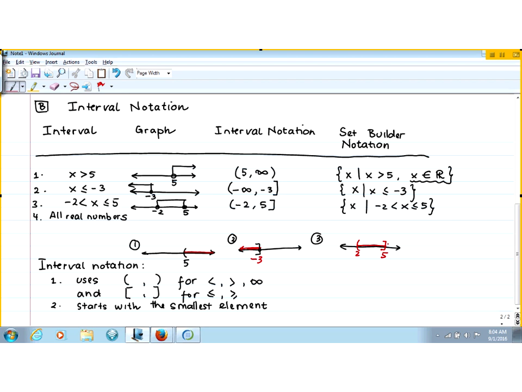Yeah. All right. So next, all real numbers. How do I draw all real numbers? Well, it's just your number line. Yeah. What is your interval notation? -infinity to infinity. And what about your set builder? You can write these, or x such that x is an element of real number.